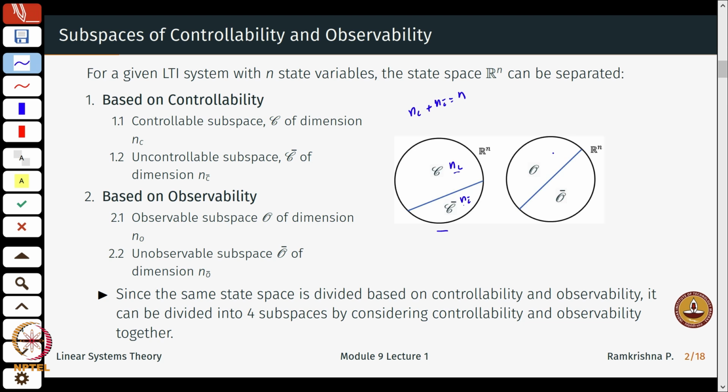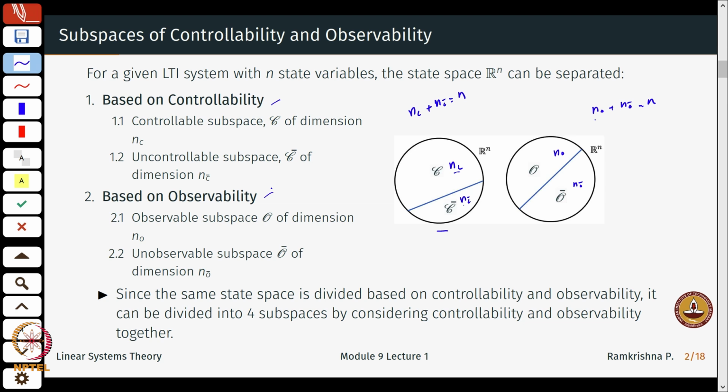Similarly with the observable and the unobservable part, again in such a way that the total dimension of the observable subspace plus the unobservable subspace is the dimension of the state space, right. So that is what we did, separate analysis for both controllability and observability.